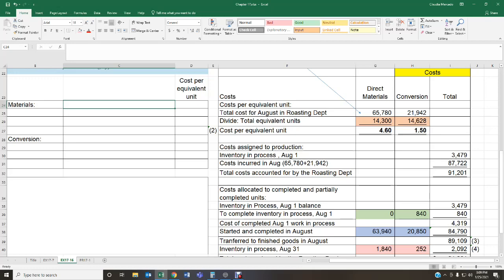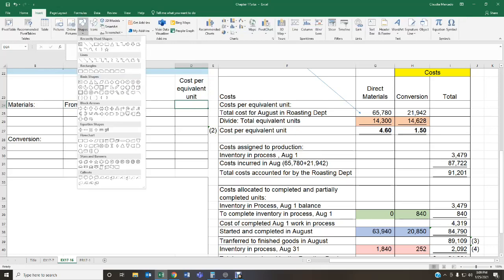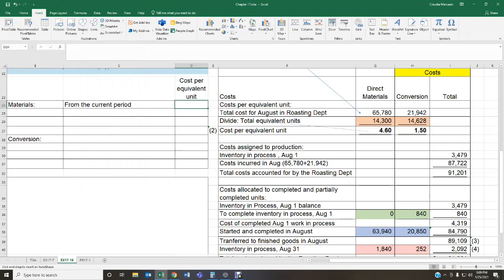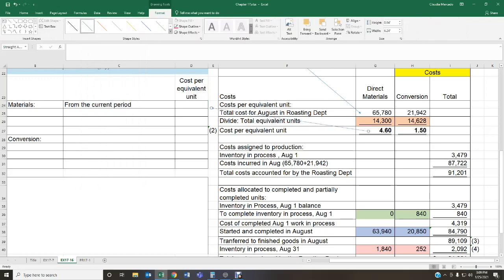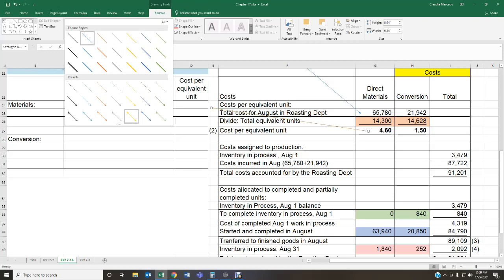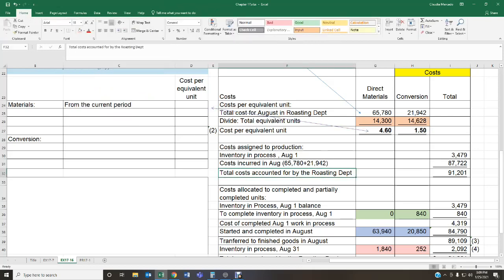So from the current period, materials, we're looking at materials. From my current period for materials, we're going to be picking up the numbers from right here, and that's $4.60.